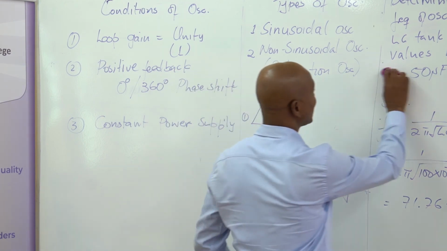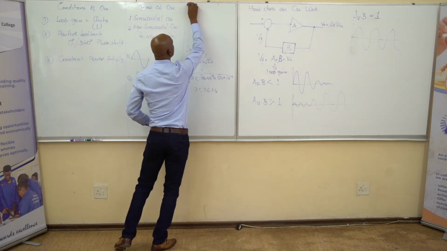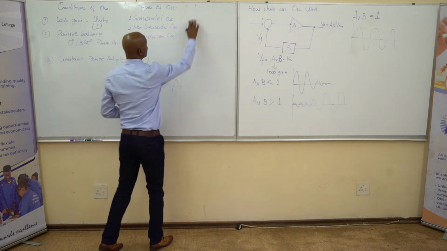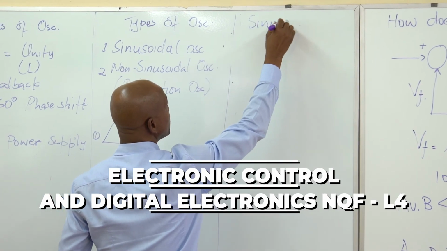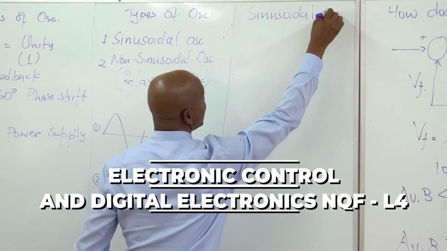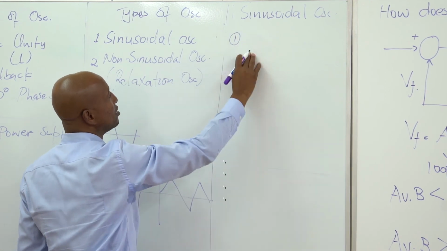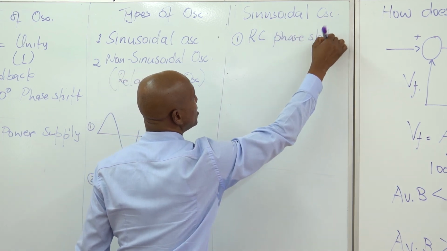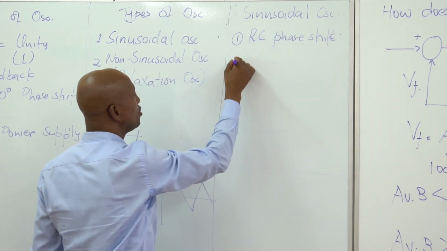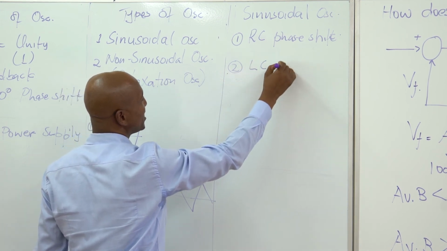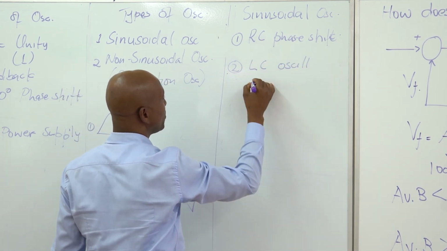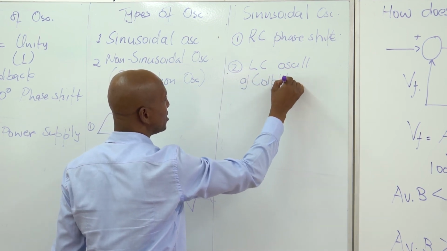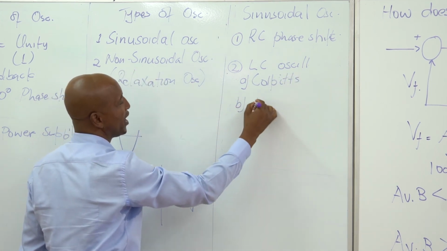Under sinusoidal oscillators, where we shall start on our next topic, but we need to know them now. We have 1, an RC phase shift oscillator. 2, we have LC oscillators, which can be categorized as A, Colpitts, and B, Hartley.